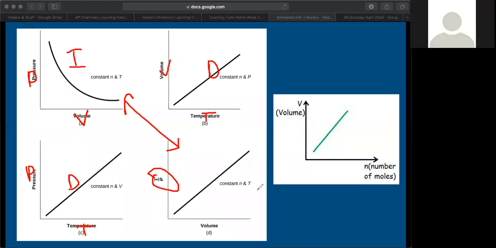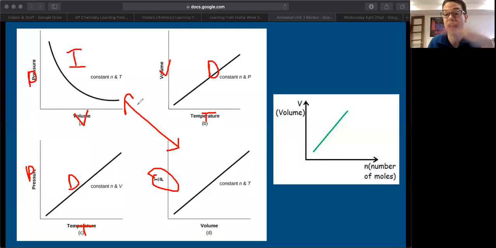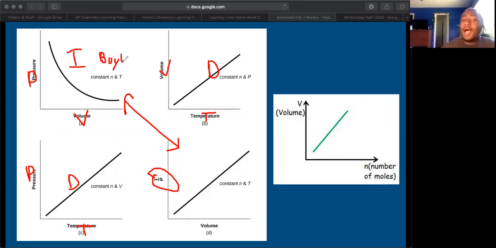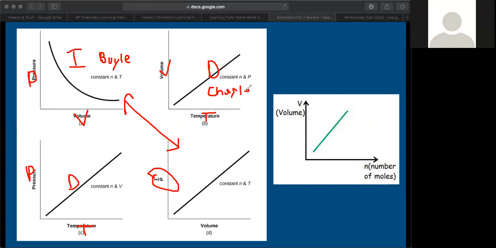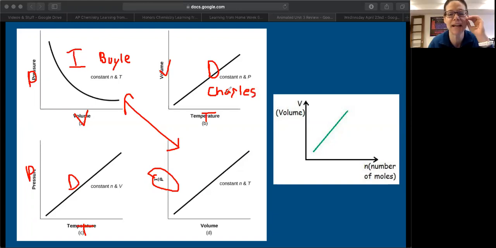You don't have to know the names of these, but pressure and volume was Boyle's. Volume and temperature was Charles's.